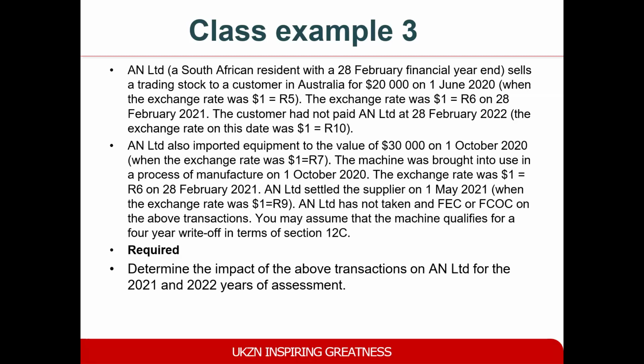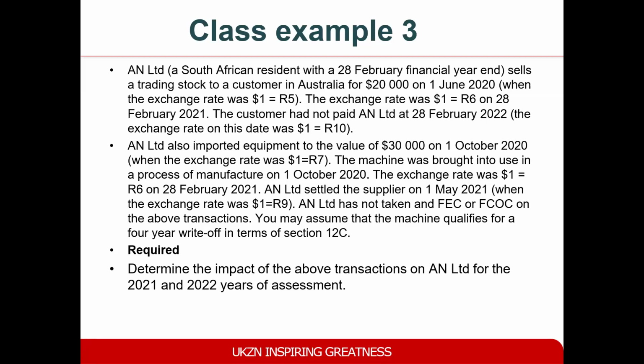But on the other side, on 28th of February, it's now 6 rands. In this case, what do we have, guys? Is it a foreign gain or foreign loss? Remember, the spot rate was 7 rands, but now we no longer owe them 7 rands. We owe them 6 rands. Is it a gain or loss? The gain. Okay, thank you very much. So we are going to realize a foreign gain, which is 7 rands minus 6 rands times 30,000, essentially a 30,000 rand gain.